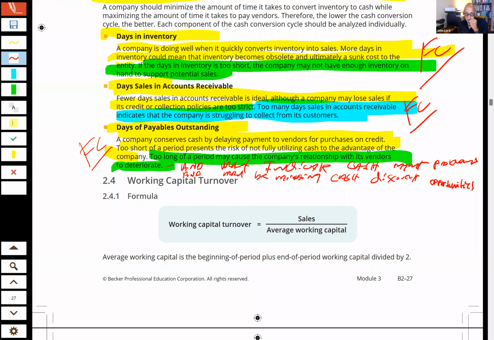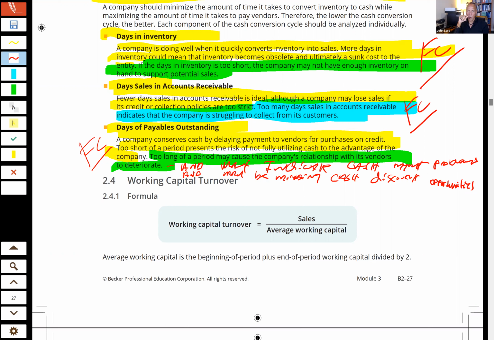Because when you take the cash discount, typically they'll tell you to just credit the inventory account and debit the payable for the amount of the cash discount taken.